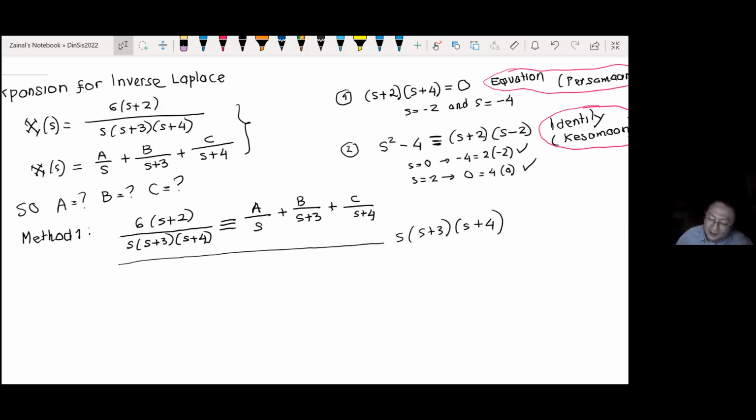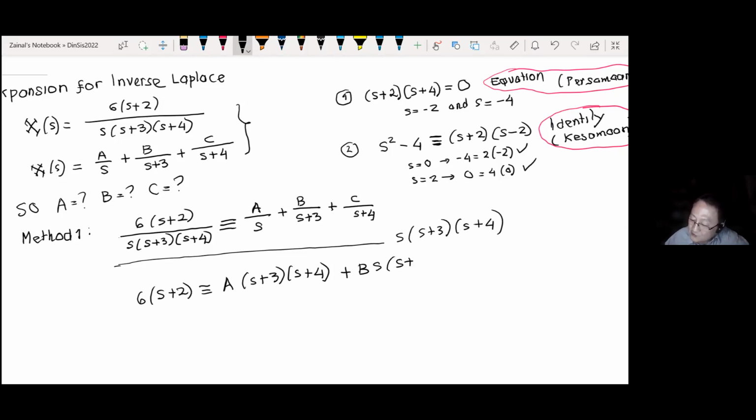Then you have 6 multiplied by s plus 2 is equal to A multiplied by s plus 3, s plus 4, plus B multiplied by s plus 4, plus C multiplied by s plus 3.